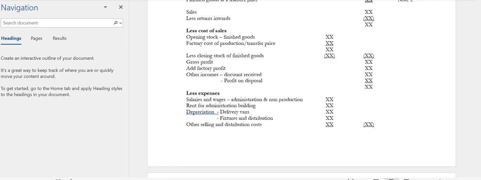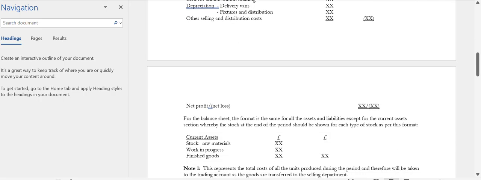You compute your gross profit. You add the factory profit if it was there, and any other income that is there. Then you less the other expenses: the admin, selling and distribution, and finance costs if they are there, for you to get your profit.